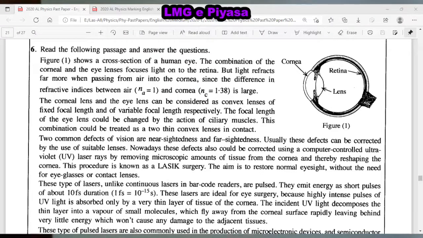The incident UV light decomposes the thin layer into the vapor of small molecules which fly away from the corneal surface rapidly, leaving behind very little energy which won't cause any damage to the adjacent tissues.